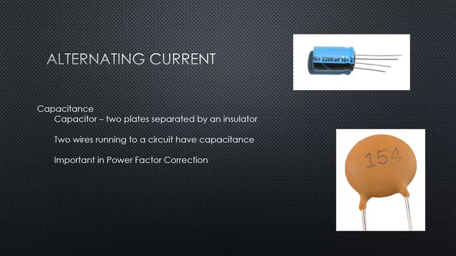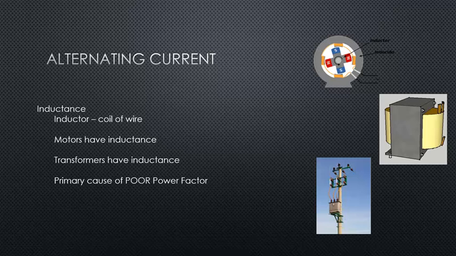So every circuit, every AC circuit anyway, has resistance, capacitance, and inductance in it. Capacitors are important for power factor in the fact that they're what we use for power factor correction, because most of the time our inductors or inductance is our problem when we're dealing with power factor.